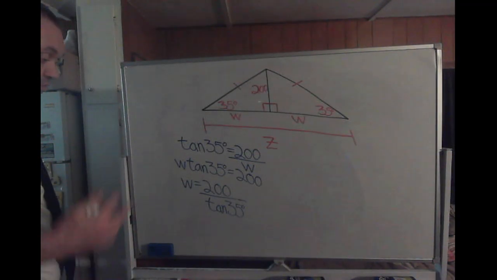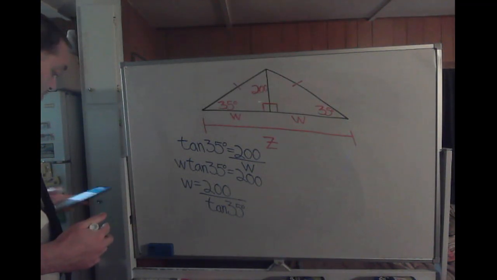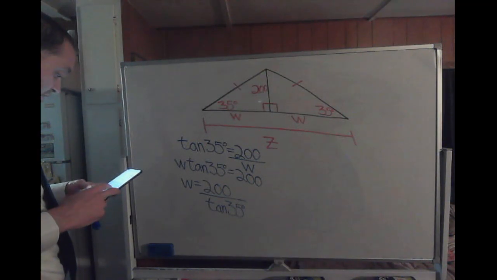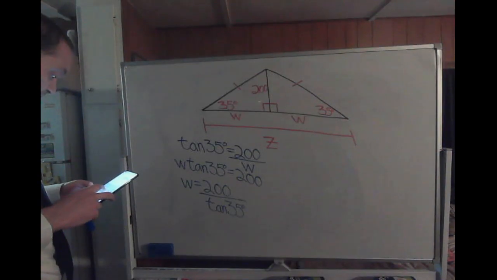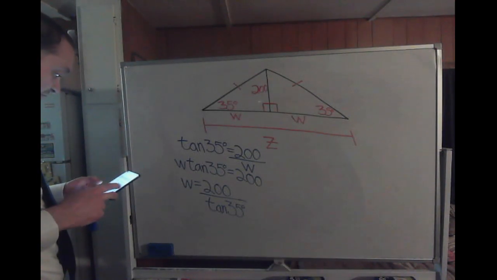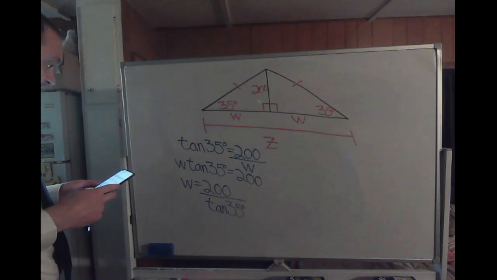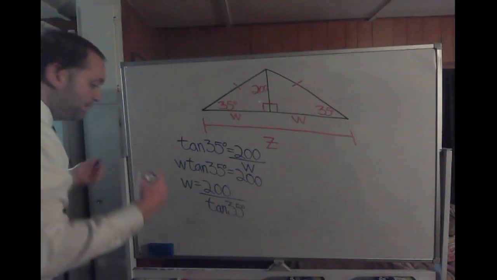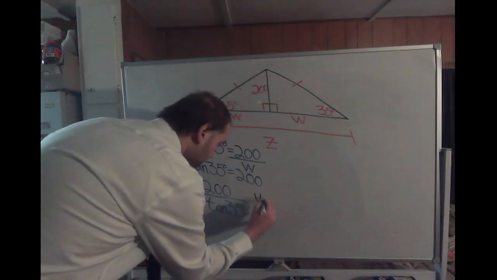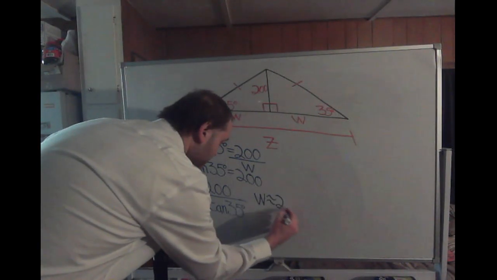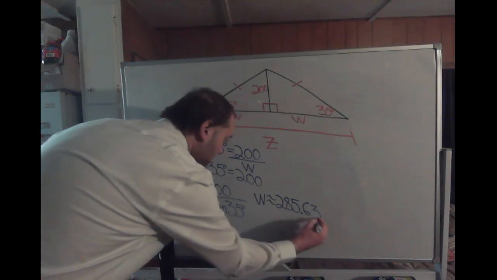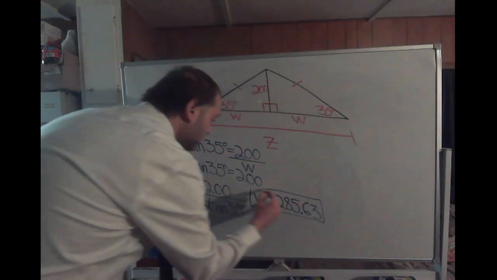Which then, of course, we'll do our division here, and we'll get a decimal approximation. Well, let's see, 200 divided by the tangent of 35. Alright, so W is about equal to 285.63. So the length of W is approximately equal to 285.63. So there we go, we found the length of W.